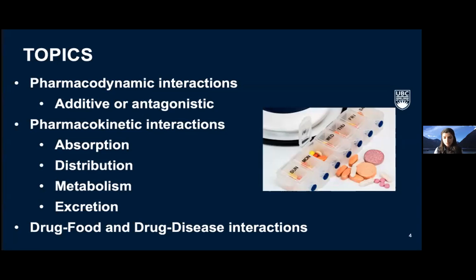We'll also talk about some pharmacokinetic interactions, which includes topics such as absorption, distribution, metabolism, and excretion. So the way that medications may alter how these different processes occur. And it'll also bring up some drug-food and drug-disease interactions that may potentially occur.